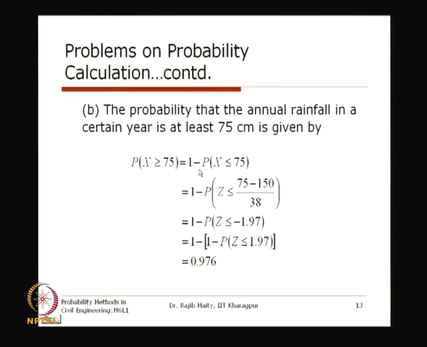So here the second question says the probability that the annual rainfall in a certain year is at least 75 centimeters. So what does it mean? At least 75 centimeters means what we are looking for is the probability x is greater than or equal to 75.